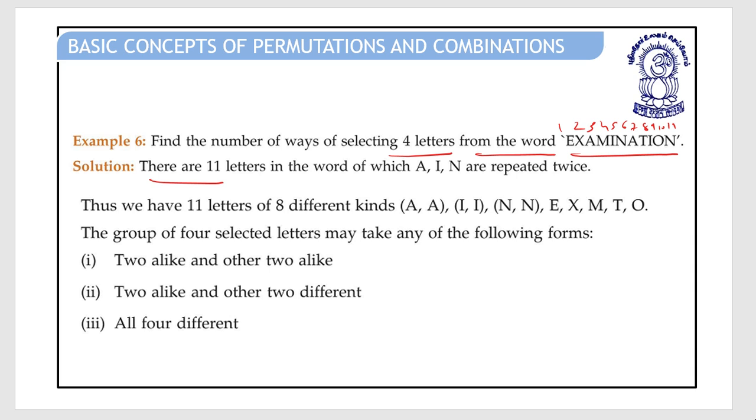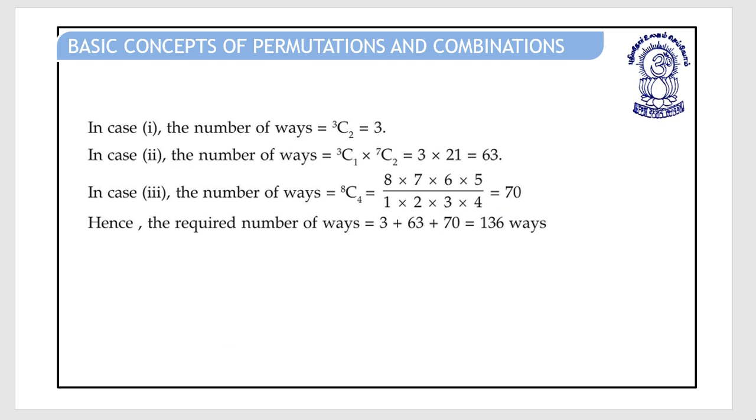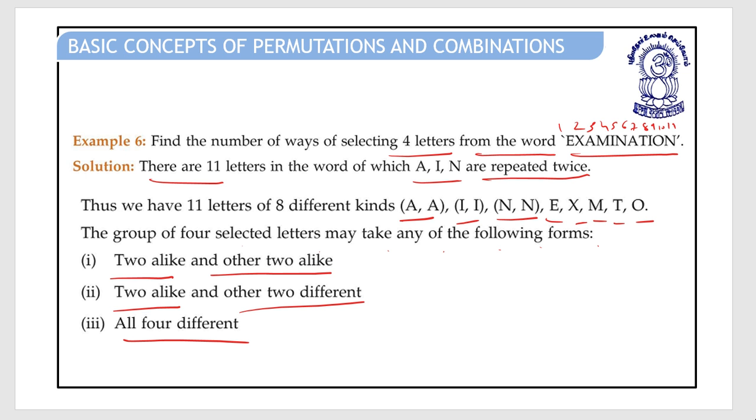Total 11 letters, in which A, I, N are repeated twice: A, A, I, I, N, N. E, X, M, T, O are the remaining letters. The group of 4 selected letters may take any of the following forms: 2 alike and other 2 alike, 2 alike and other 2 different, or all 4 different.